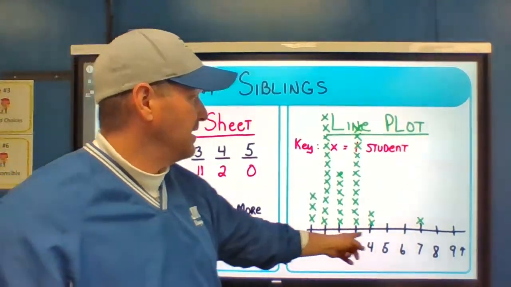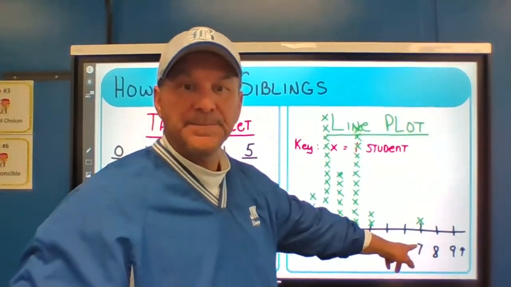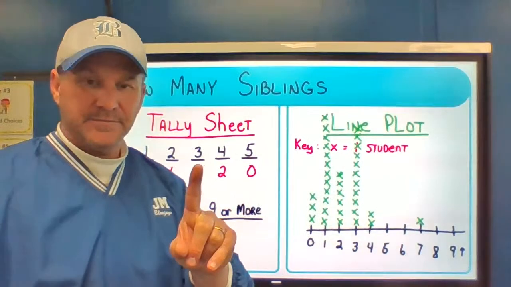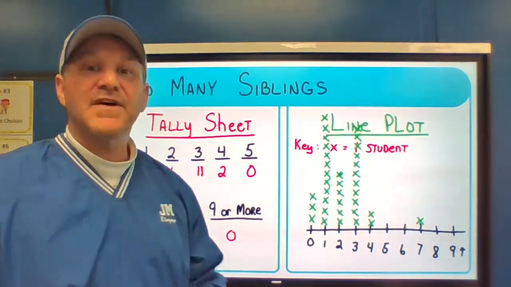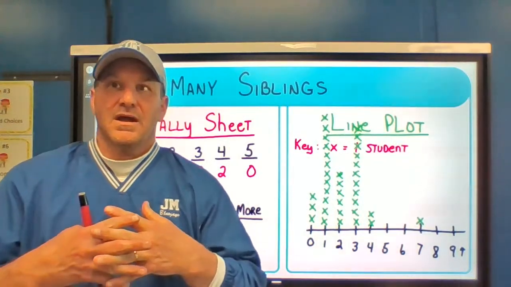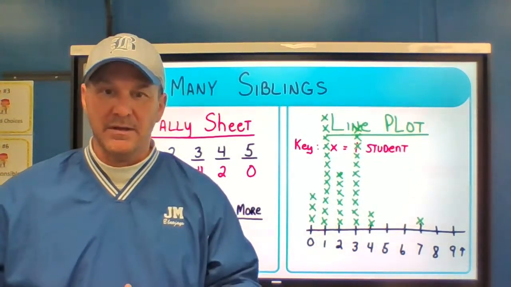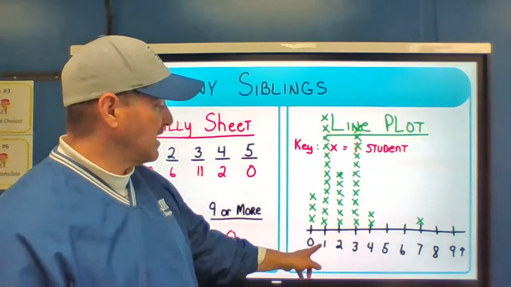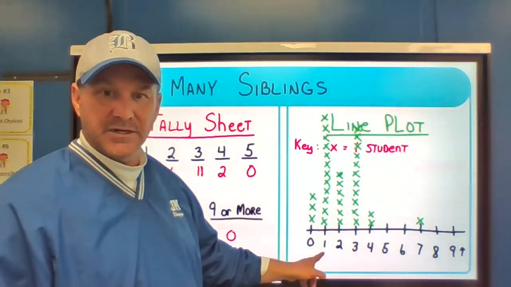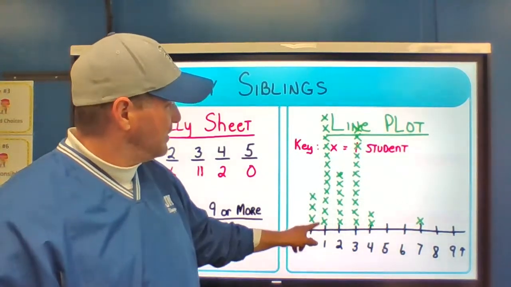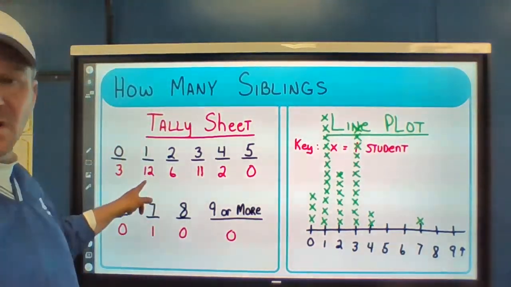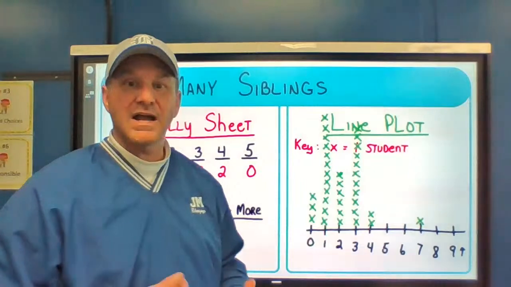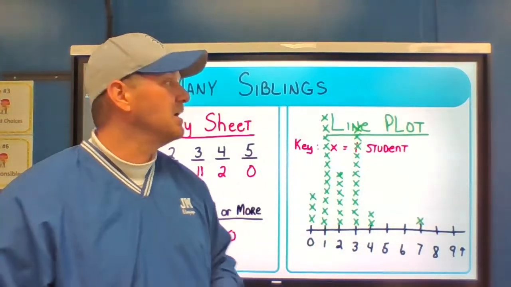You would say 7, because only one person had 7 brothers or sisters. If I said, how many brothers and sisters is the most common? You should be able to tell me that 1 brother or sister is the most common because there's 12 people, and 12, that's the most, right? And it's represented here as being the most, okay?